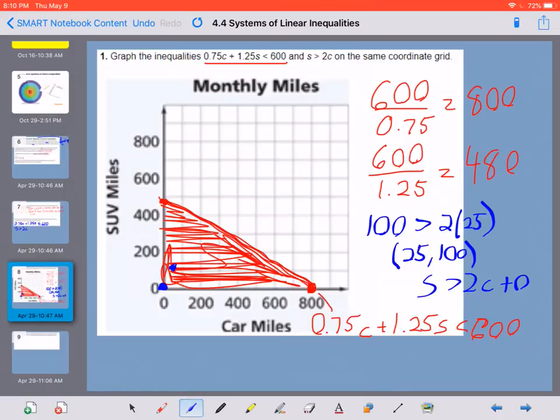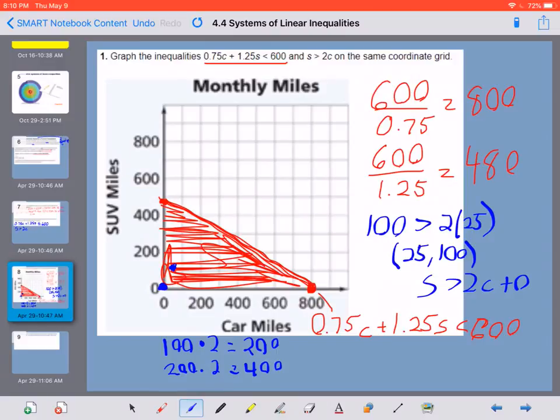So if I had 100 for car miles times 2, that would be 200. Or if I had 200 times 2, that would be 400.